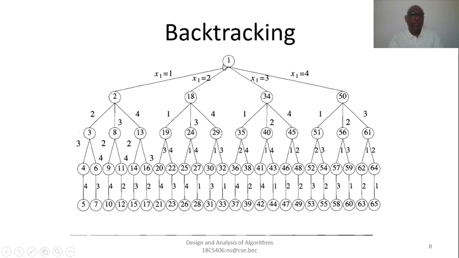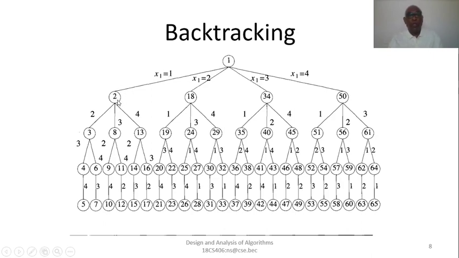So this node will have 4 possible children: x1 equal to 1, x1 equal to 2, x1 equal to 3, and x1 equal to 4. The first queen can be placed in the first, second, third, or fourth column. So this node, numbered as 2, is the problem state we arrive at after placing the first queen in the first column of the first row.